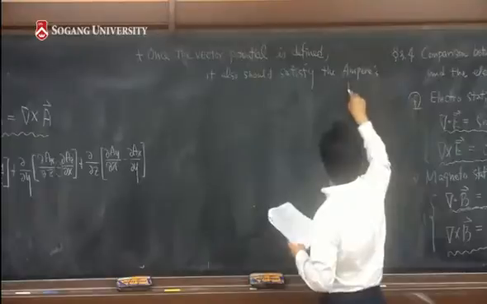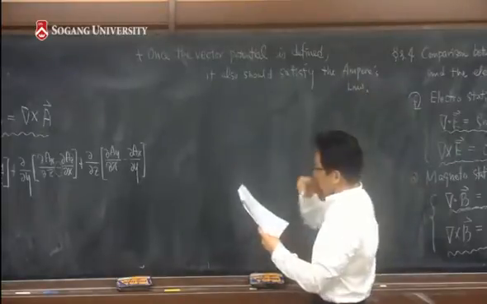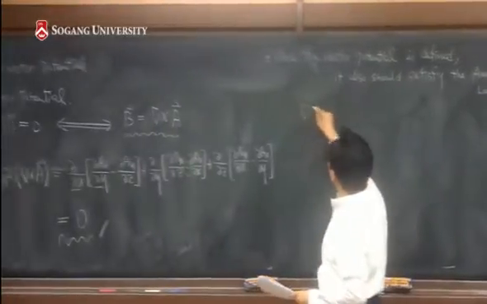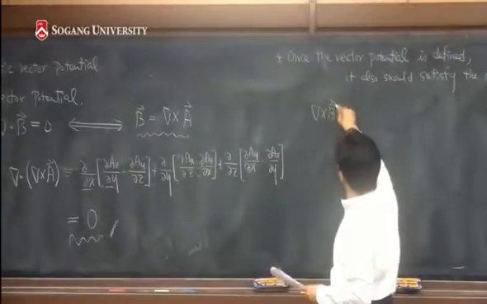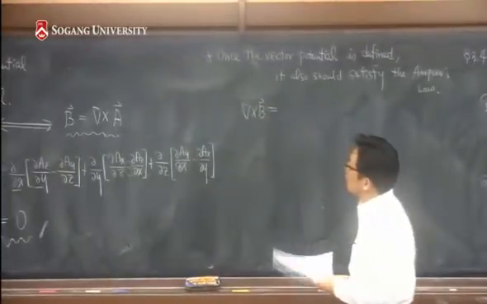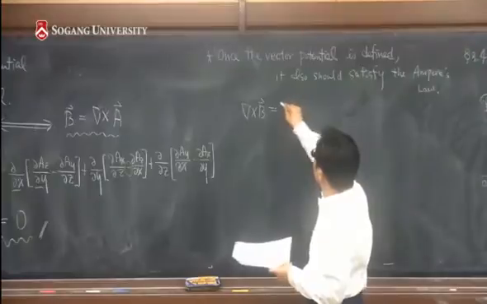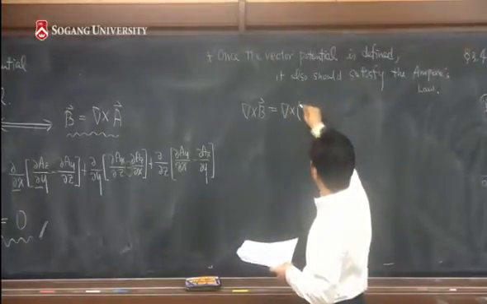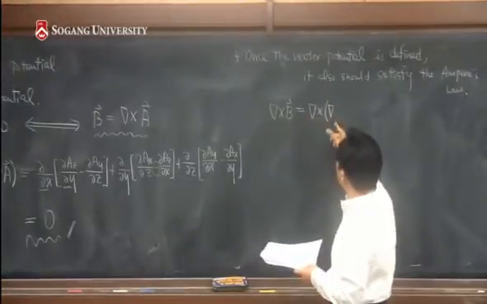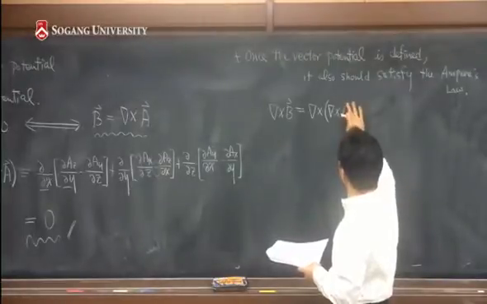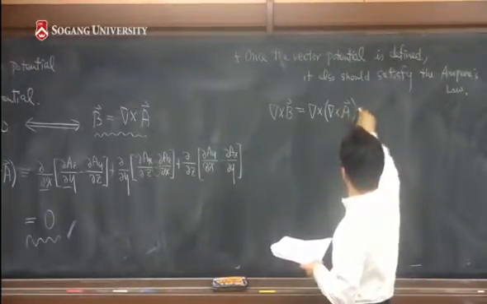Okay? So the curl of the magnetic field, and here the magnetic field expressed by the vector potential will be given in this way, curl of curl of the vector potential like this.